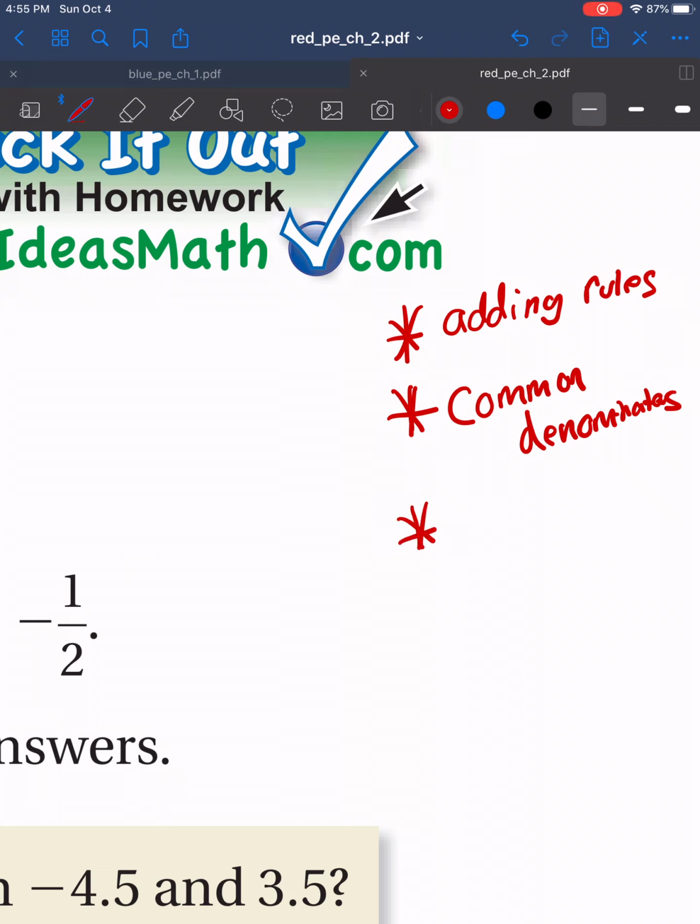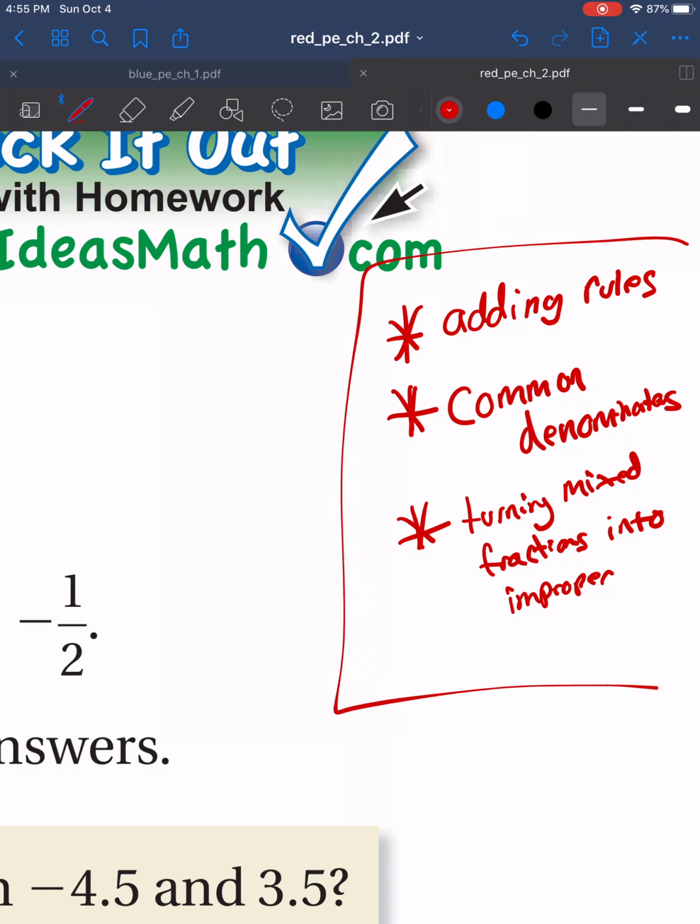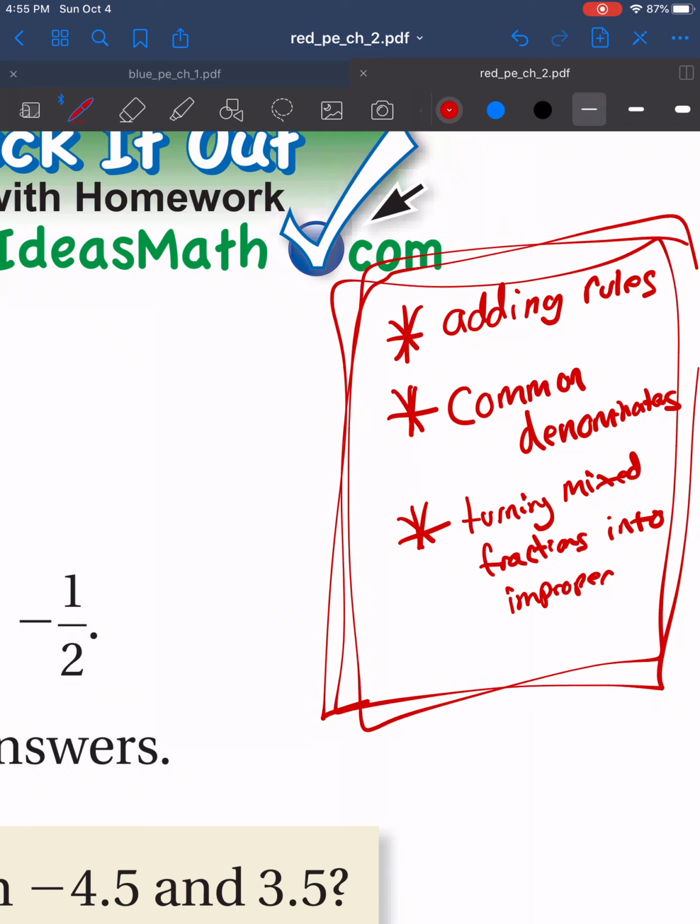And do not forget turning mixed fractions into improper, okay? Do not forget these rules when you do this homework.